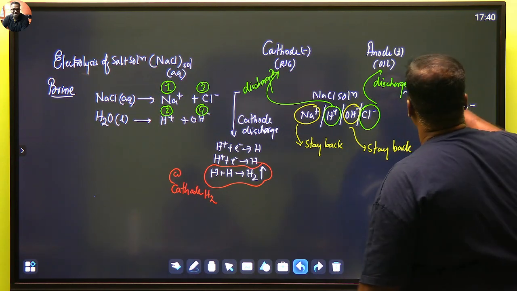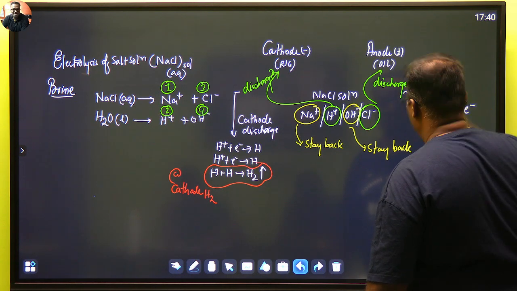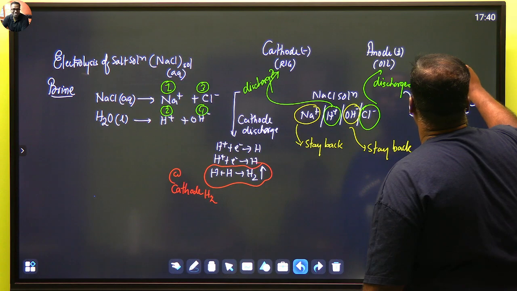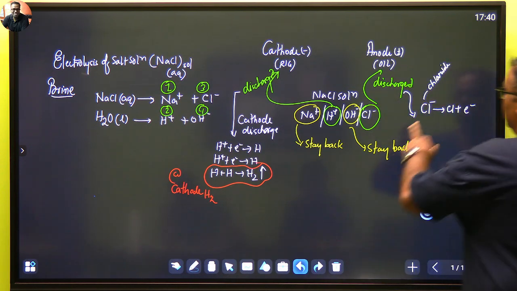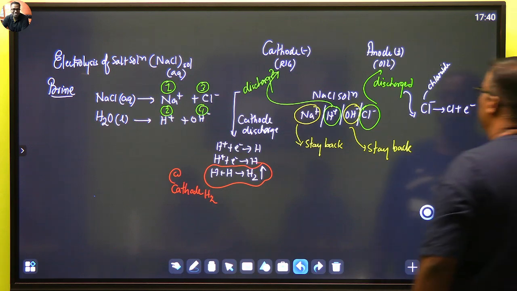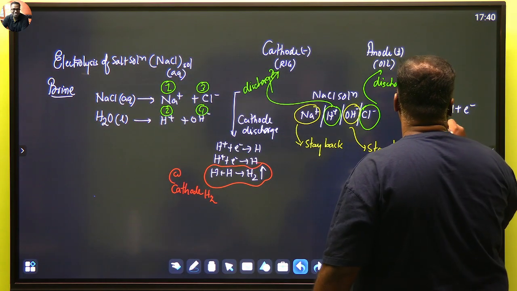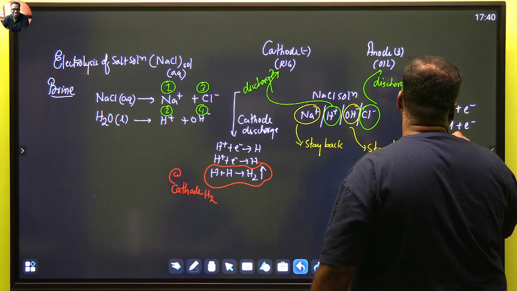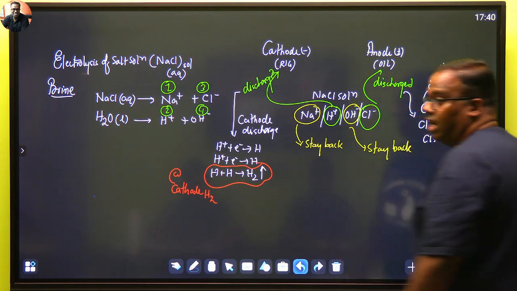Chloride is losing its electron. Oxidation is loss of electron. Becomes a chlorine atom. Similarly, another chloride will lose its electron and become chlorine atom. Two chlorine atoms will combine together to form chlorine gas.